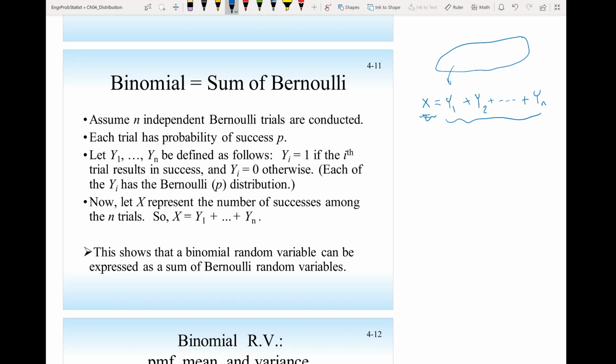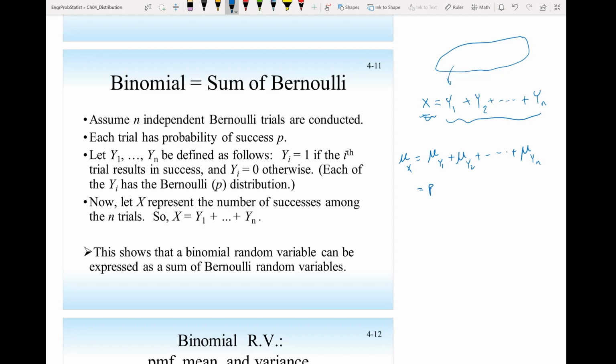a binomial distribution. So now if I want to find the mean of x, mu x, it's the mean of y1 plus the mean of y2 plus the mean of yn. And since y1 is a random variable with Bernoulli distribution, the mean is p, which is the probability of success, and we already found that.